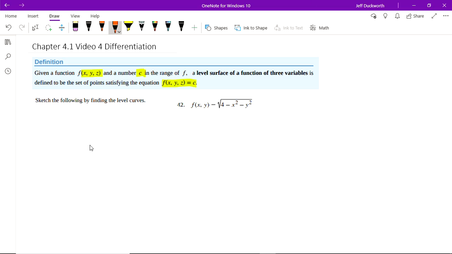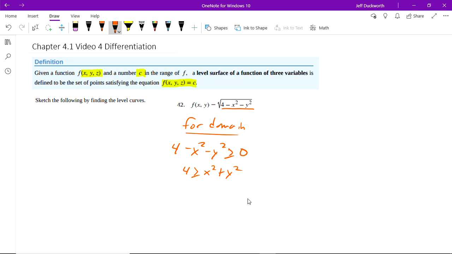All right, so first let's take the domain. For domain, we need what's in there to be greater than or equal to 0. 4 minus x squared minus y squared has to be greater than or equal to 0, because again, we've got a square root. Okay, so we have 4 is greater than or equal to x squared plus y squared.